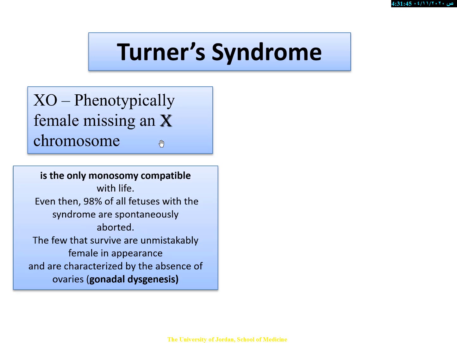Turner syndrome is the only monosomy compatible with life. Even then, 98% of all fetuses with this syndrome would spontaneously die through abortion. The few that survive are unmistakably female in appearance and are characterized by the absence of ovaries, gonadal dysgenesis.